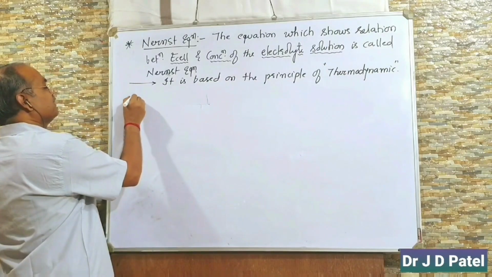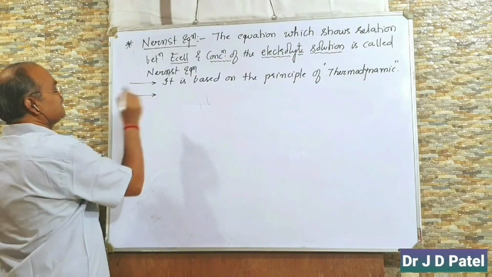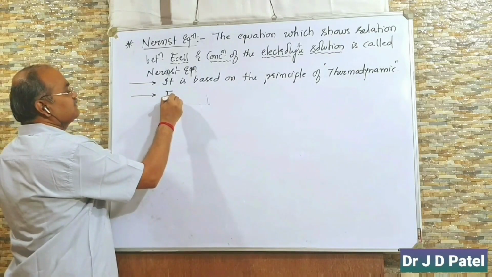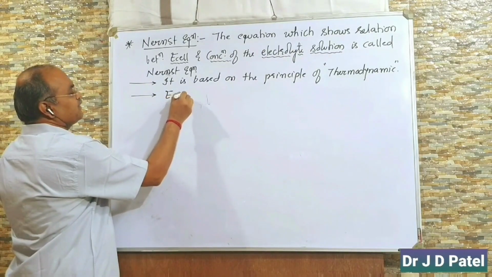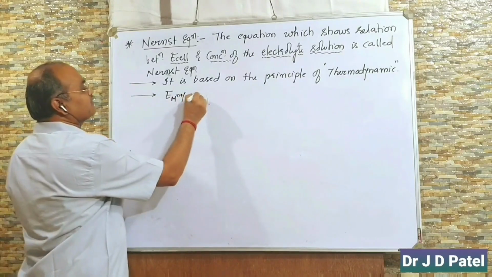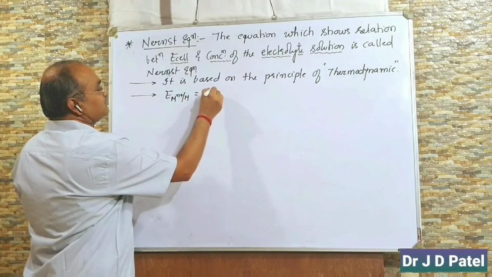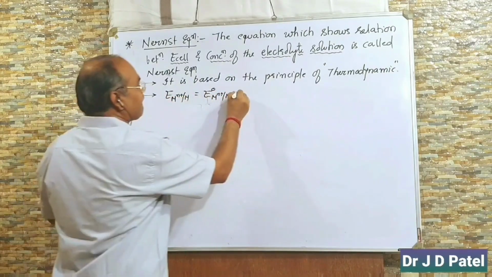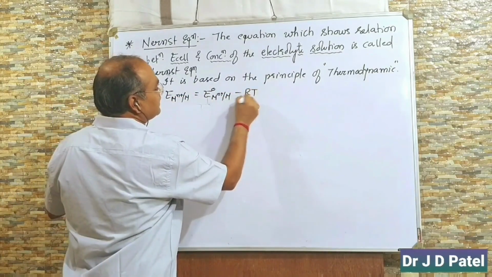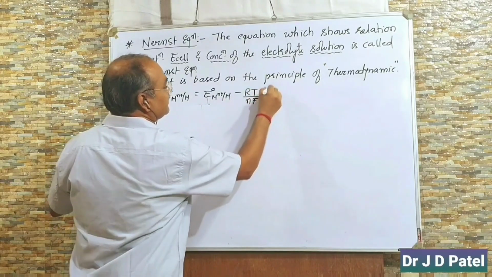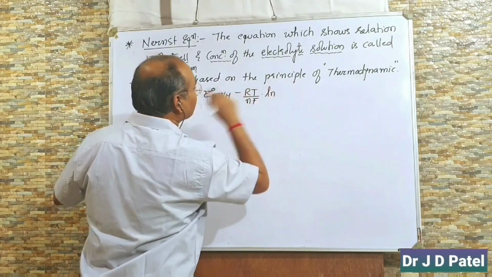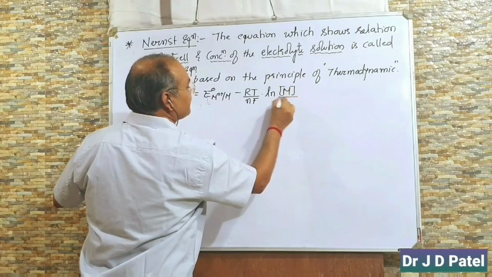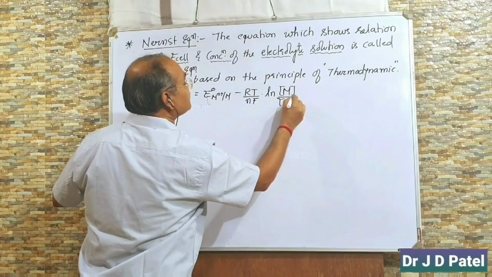So that I write, Nernst equation is E of Mn plus oblique M is equal to E0 of Mn plus oblique M minus RT by nF into ln concentration of M by concentration of Mn plus aqueous.